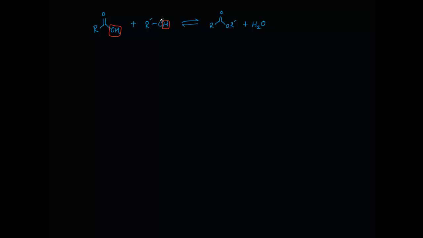So essentially what you have is this lone pair on the oxygen attacking that carbon right there. And if you're not sure what the mechanism is, or depending on how deep you need to get, this is really essentially what you get.